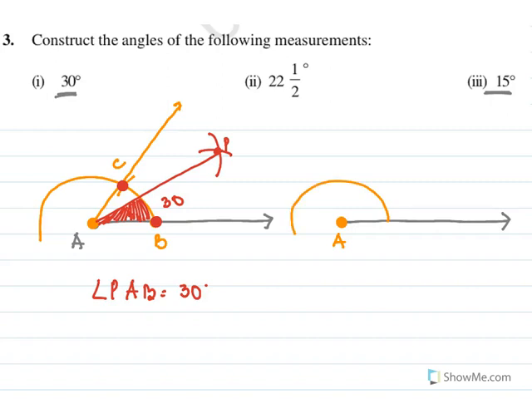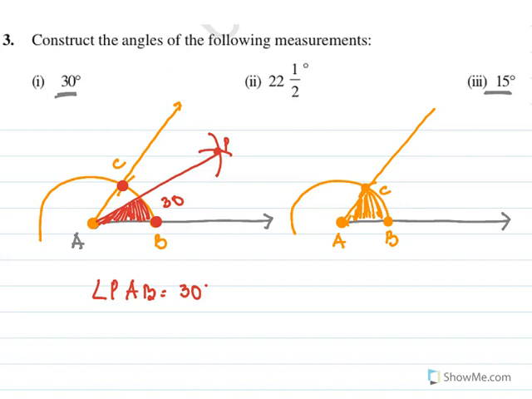Then next, keep your compass here at B, and with that same radius as earlier, you cut the arc. See, this is point C now. Keep compass at C. Then you can join this, and this will be your 60 degrees. Here will be 60 degrees.